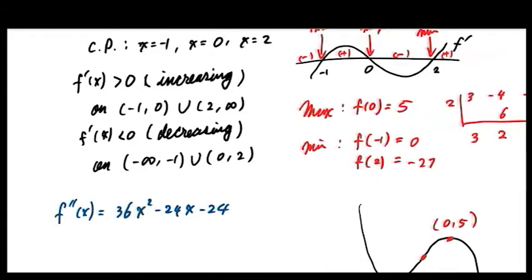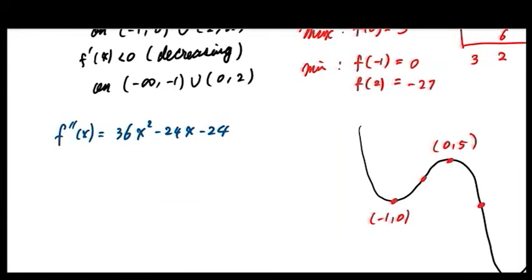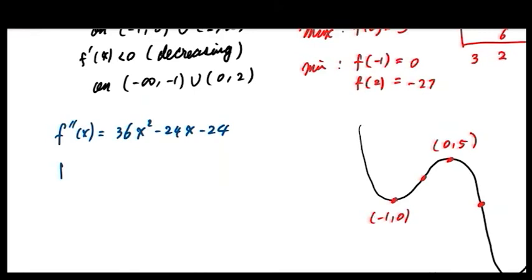Good. Let's find the critical points of that. So f double prime of x, set it equal to 0 because it does not have any vertical asymptote. I think 12 is a common factor, correct? Say yes. So we have 3x squared minus 2x minus 2 is equal to 0. Unfortunately this does not factor, does it?